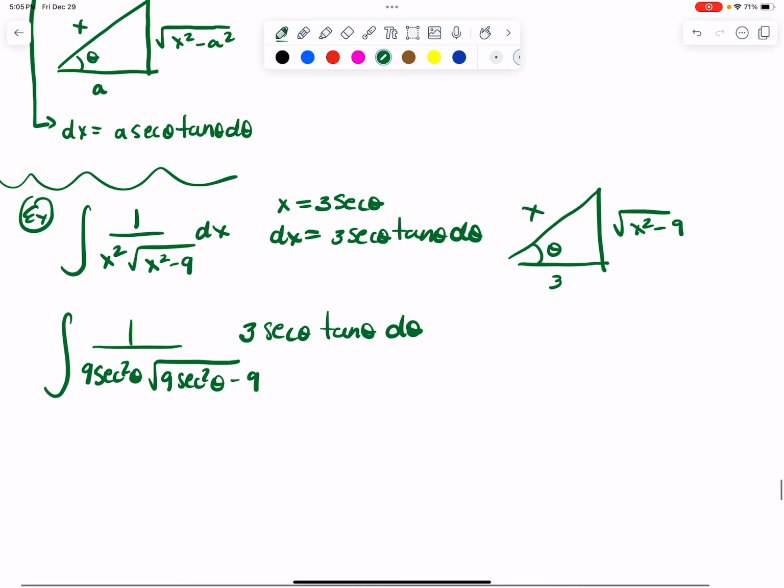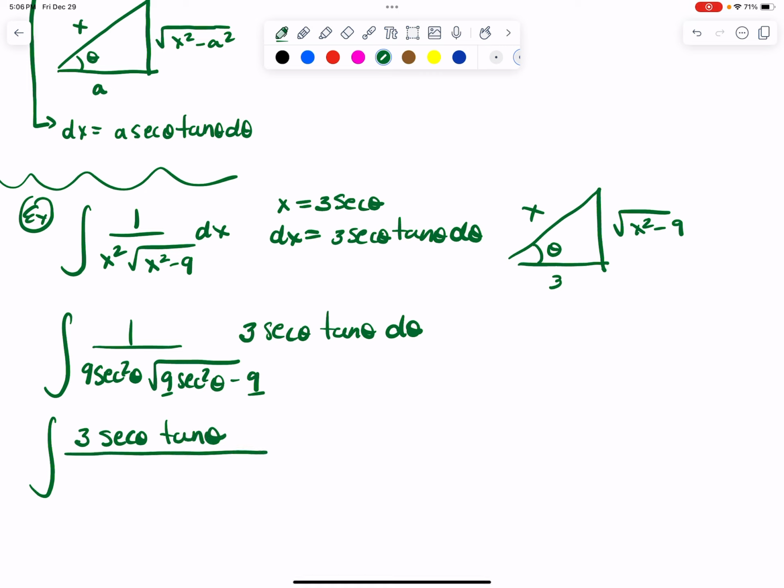All right, so again, we can factor out that 9 and take its square root. So we will have, I'll just put this on the top, 3 secant theta tangent theta over 9 secant squared theta, and then times 3 square root of secant squared theta minus 1 d theta.